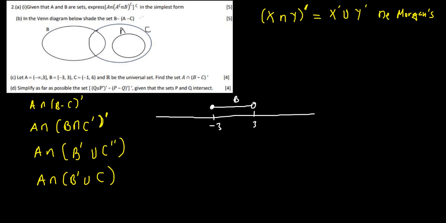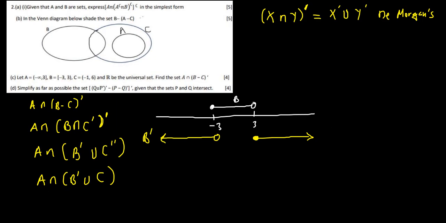And then I'm going to go in this direction. Because they've not told us where the universal set is ending, put an arrow because it will just continue going. And then at negative 3, I'm going to open because negative 3 is closed for B. And then I'll be going in this direction. This is B complement.